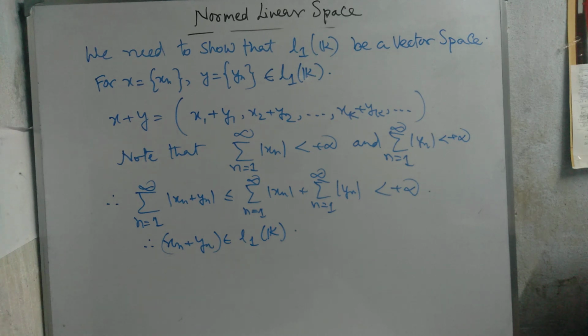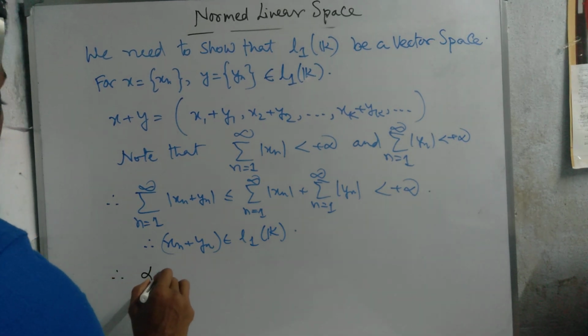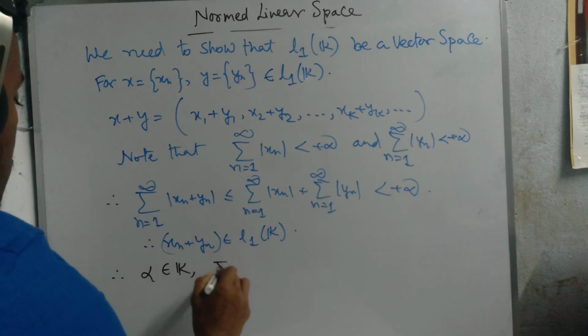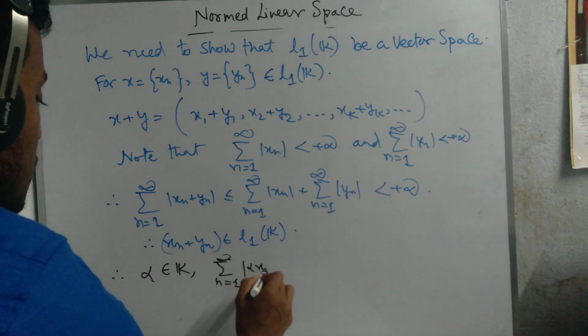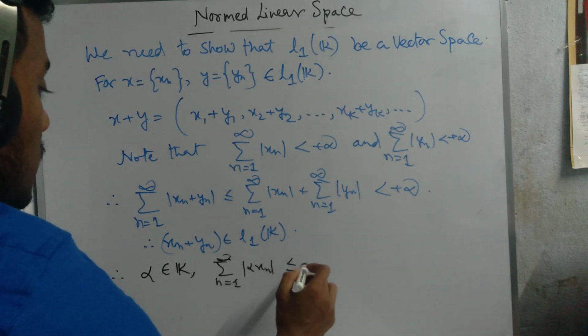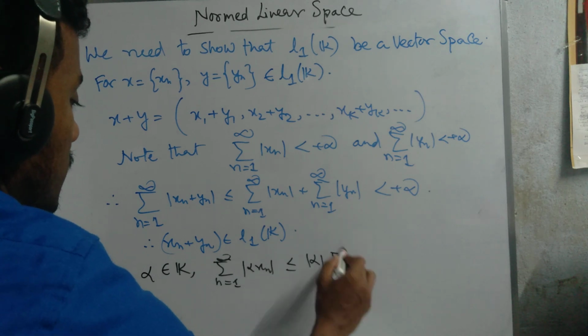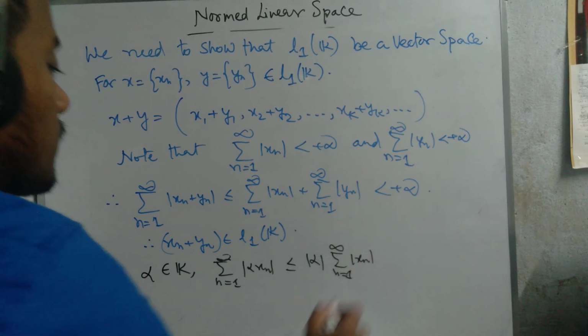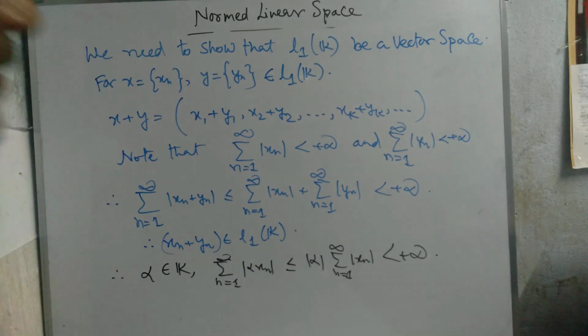Again, it is also simple that here alpha belongs to k. Summation n equal to 1 to infinity mod of alpha xn is less than or equal to mod alpha times summation n equal to 1 to infinity mod of xn, which is less than plus infinity.